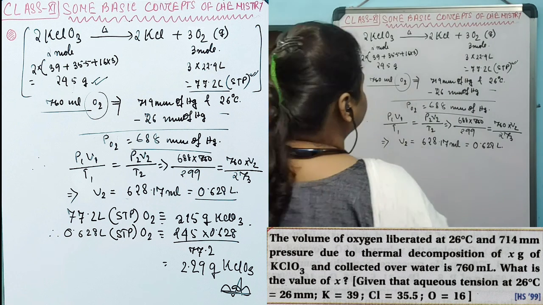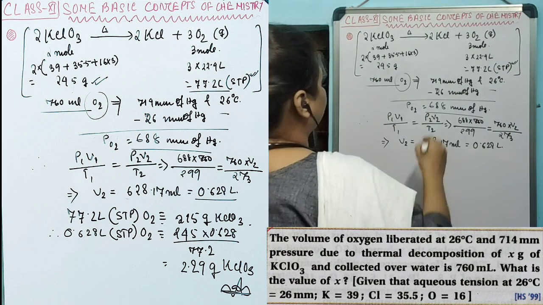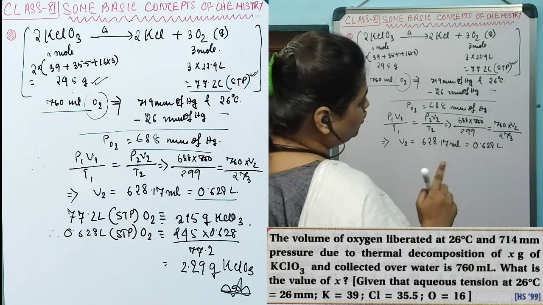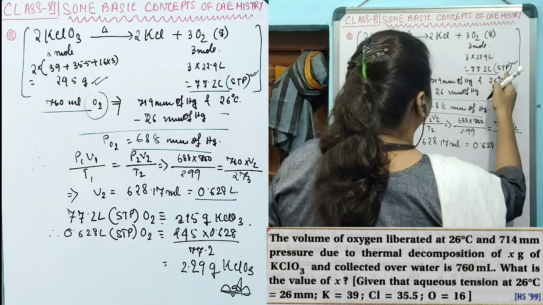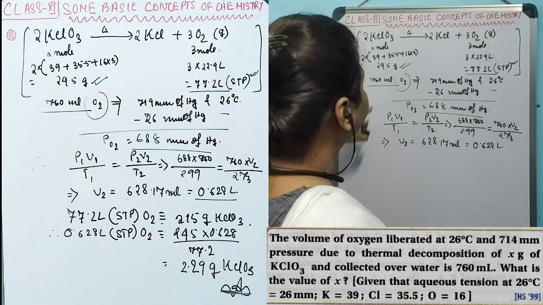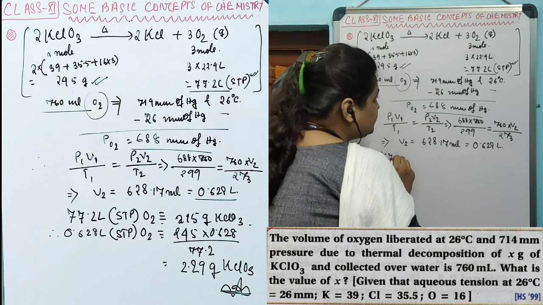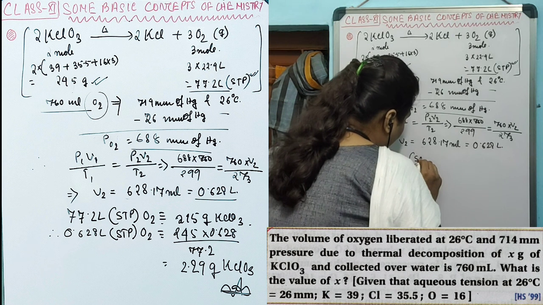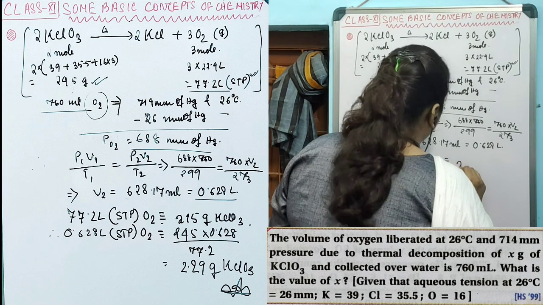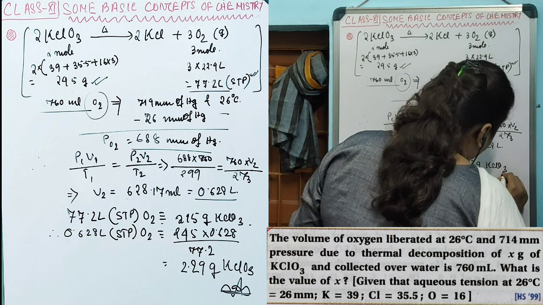We know from this general chemical reaction that 67.2 liter of O2 at STP is produced when 245 gram of KClO3 decomposes.